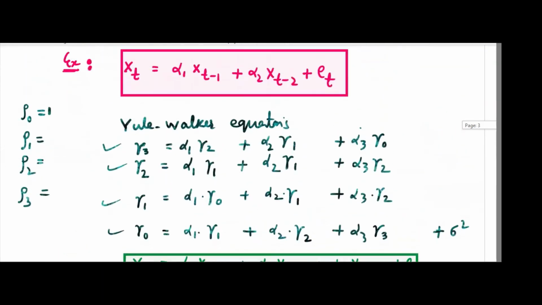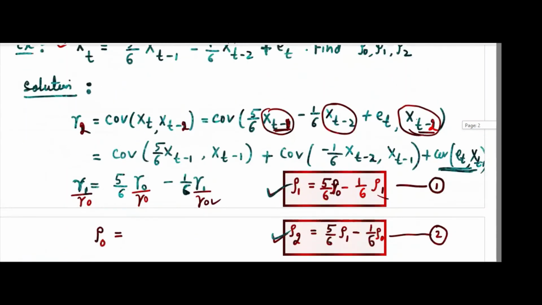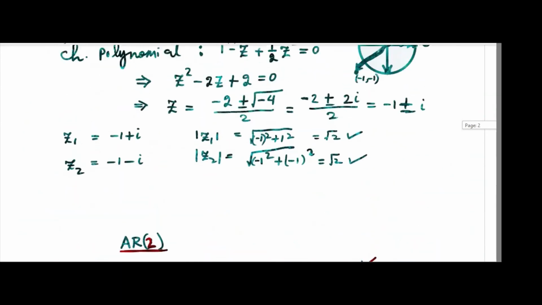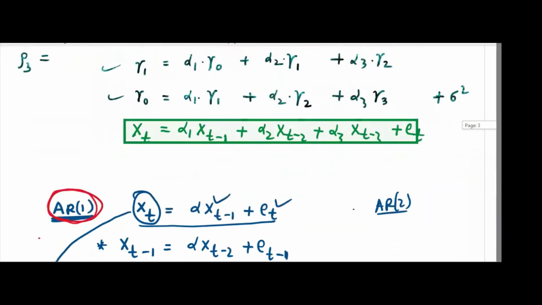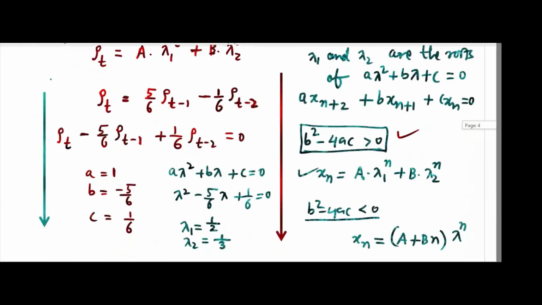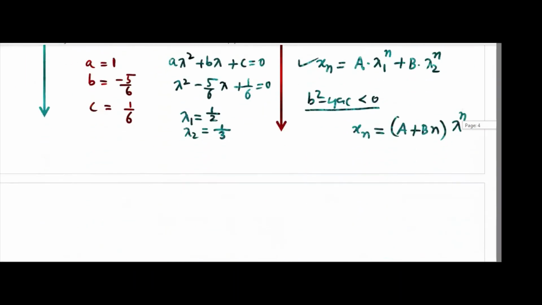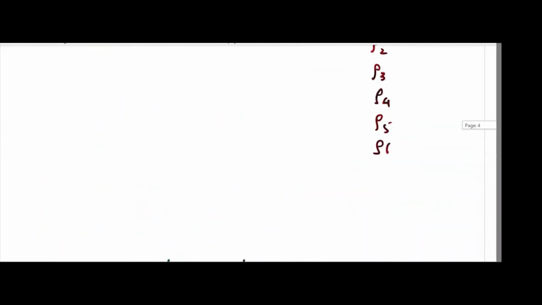You remember the values of row 0, anyway we know. So let me write it here.